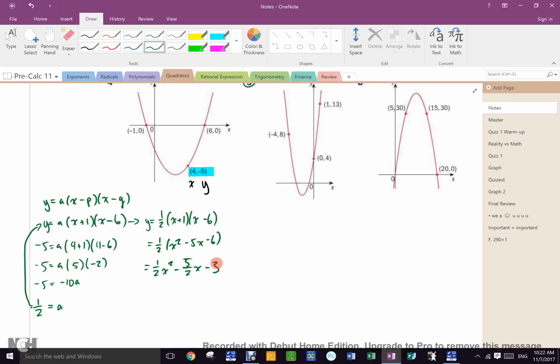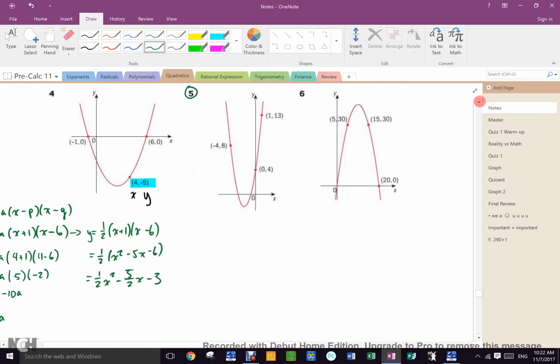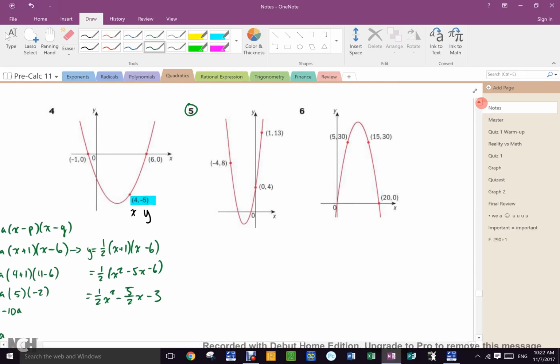Everybody okay? All right, we're going to skip 6 because it's another tricky one. Number 6 does some weird stuff, yes? What do I know there? It's tricky. I know the roots, don't I? Because it goes right through the origin, yeah?